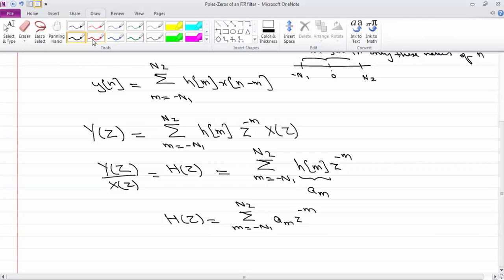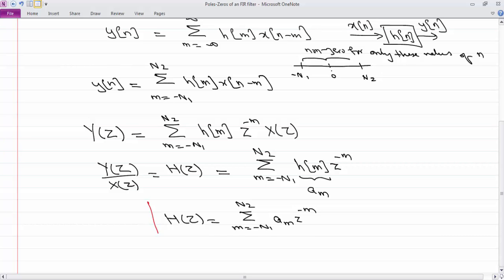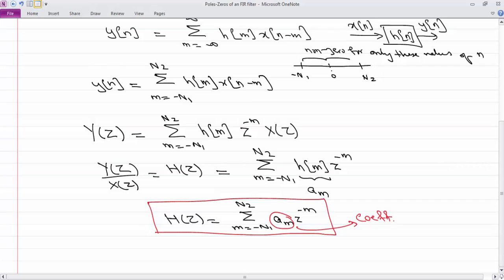So the Z transform of every FIR filter is simply a polynomial in Z to the minus 1, and the coefficients of the polynomial correspond to the values of the filter.